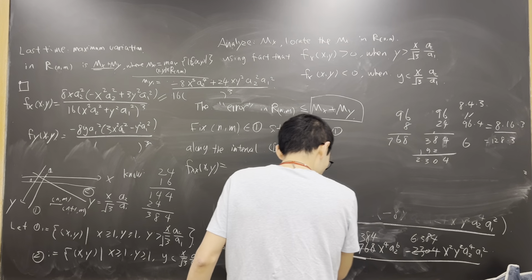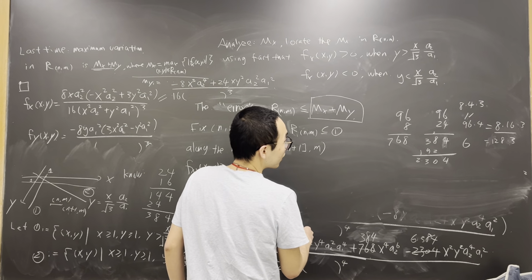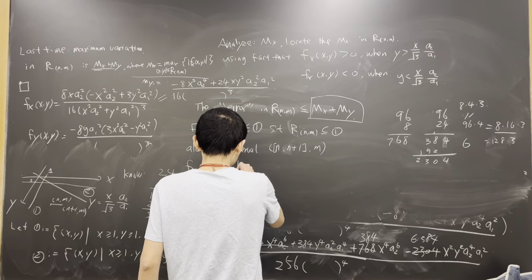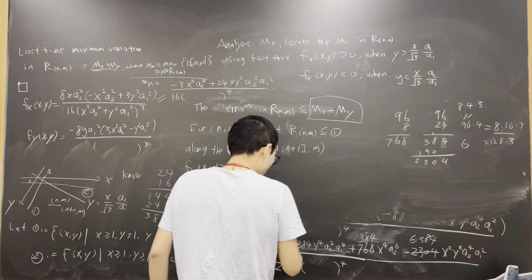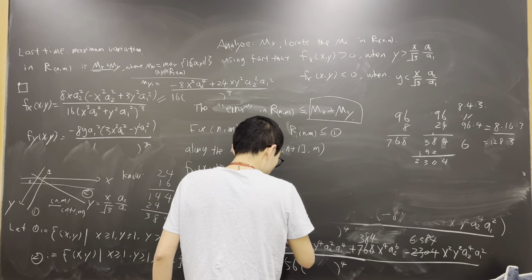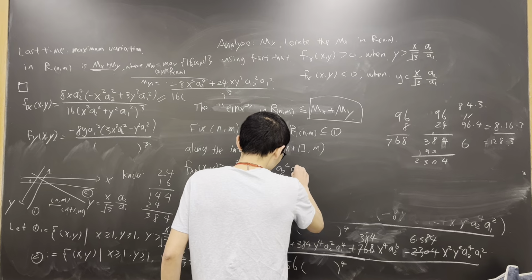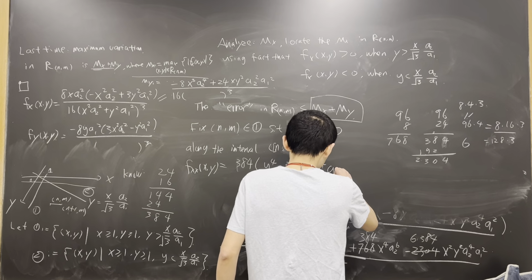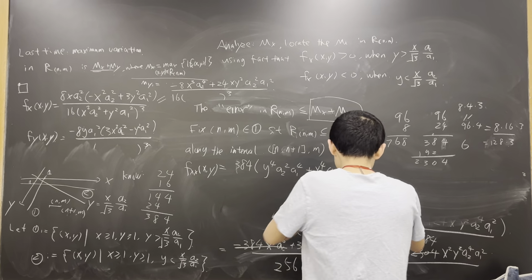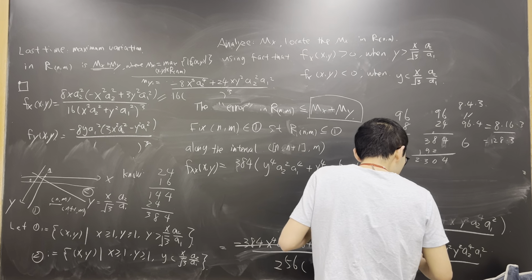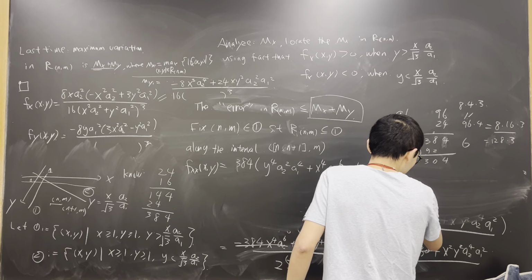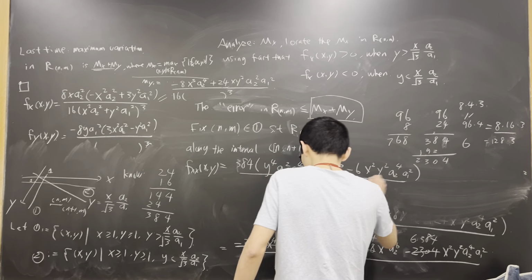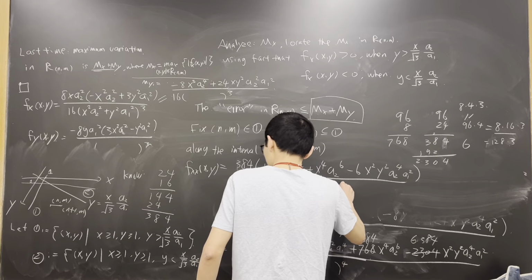So I factor out a 384, times y to the fourth power a2 squared a1 to the fourth power, and then plus x to the fourth power a2 to the sixth power, and then minus 6 x squared y squared a2 to the fourth power a1 squared, and then 256 to the fourth power.